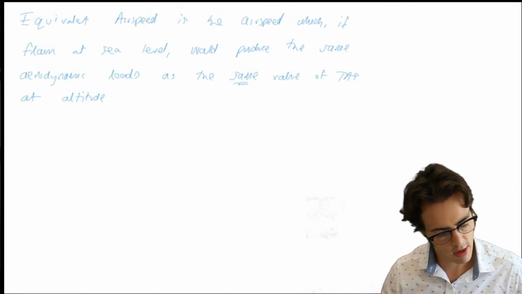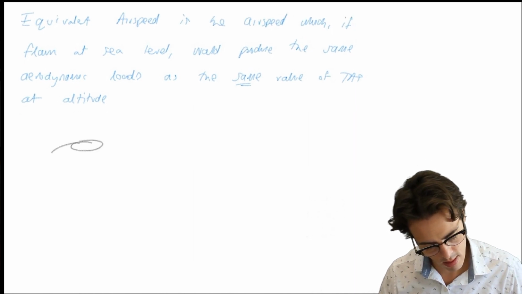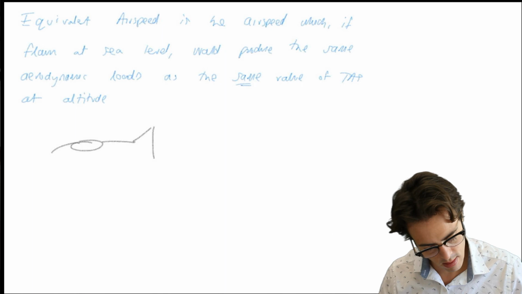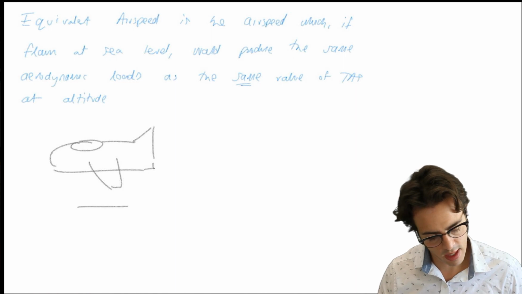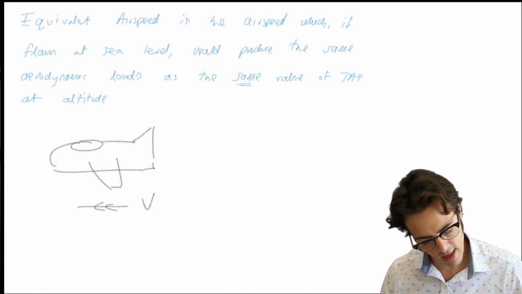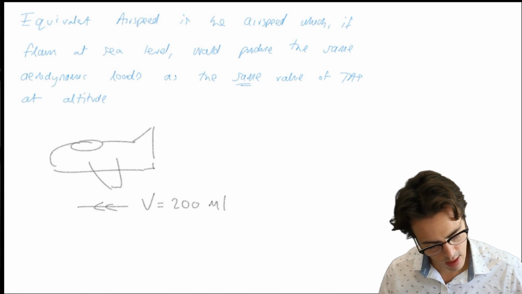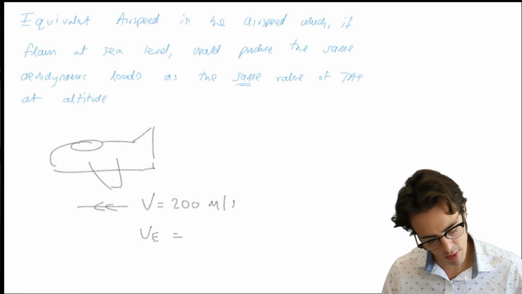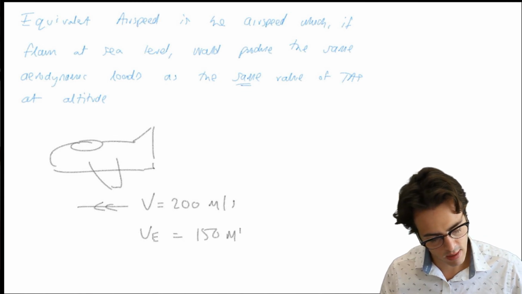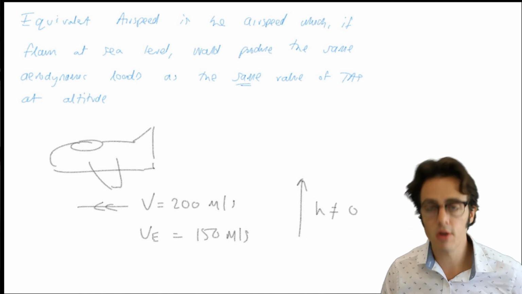So if we have an aircraft now, say, horrible aircraft I've just drawn. If our aircraft is flying along at a true airspeed, V, equal to, let's say, 200 meters per second, VE might be equal to, say, 150 meters per second because we are at H not equal to 0.